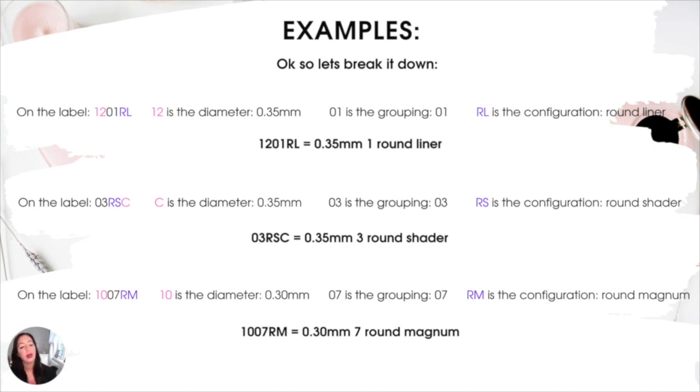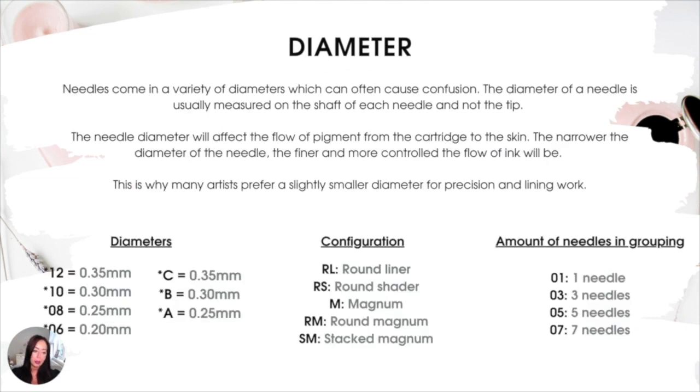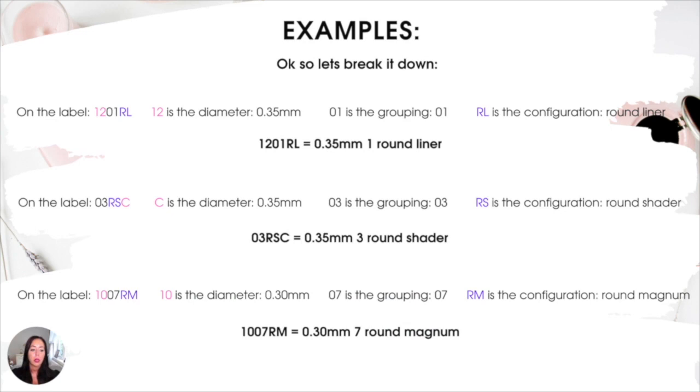Or let's say you buy from a different manufacturer. And this one, it says it's a 03 RSC. So remember to break down configuration, grouping, diameter. So C in this case will be your diameter. So if we just flip back, remember that A, B and C, it will either be A, B and C or 6, 8, 10, 12. So we know C is our 0.35 diameter. So we're going to take the C from the end here on the diameter. So you see on the first one, your diameter is at the start.